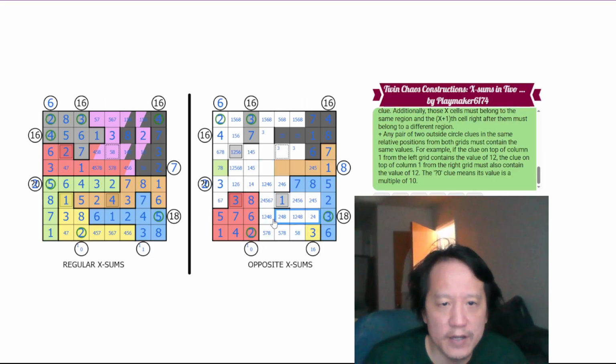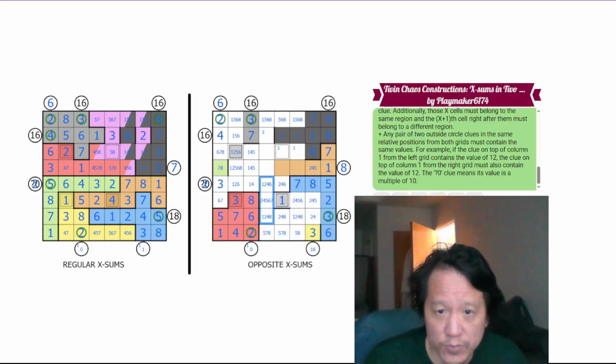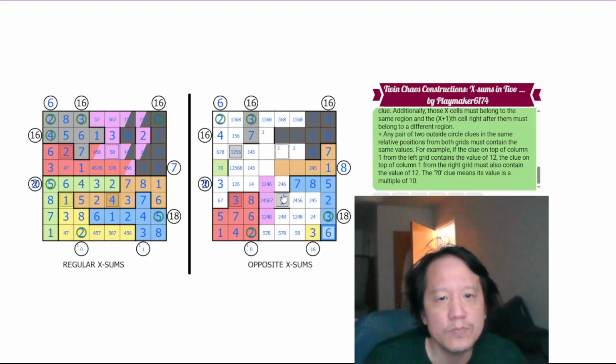So we have 8 for a separate region here. We can only have 1 more here. We can only have 1 more for blue. So we're guaranteed these are all part of the same region. So this is either part of this region or part of that region there.